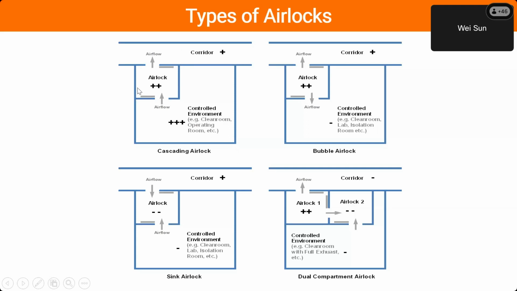You have to wait, let the contaminated air inside the room be fully replaced at least once, theoretically. There is a ventilation effect in this. Typically, you need to wait a little bit longer to be replaced once. Then you open the second door, and the chance is the contamination is much lower to migrate further into the clean room. So that's the basic concept.